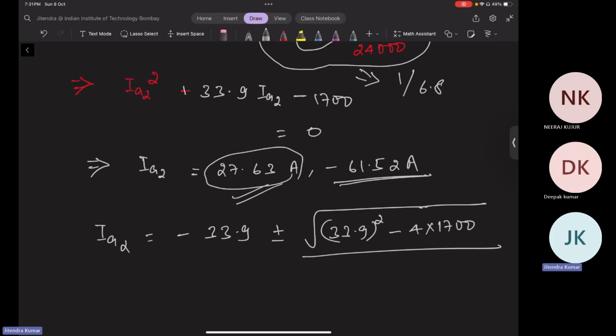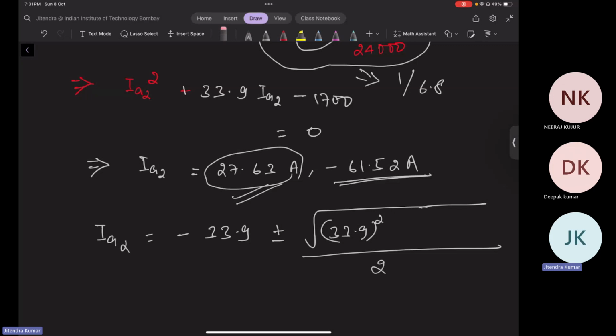So let me check it. 33.9 square. Yeah, it is higher than. How come? But the calculator provided something else. Oh, okay. No. See, this minus 4AC will be plus, no? This minus and this minus will be plus, right? Divided by 2.